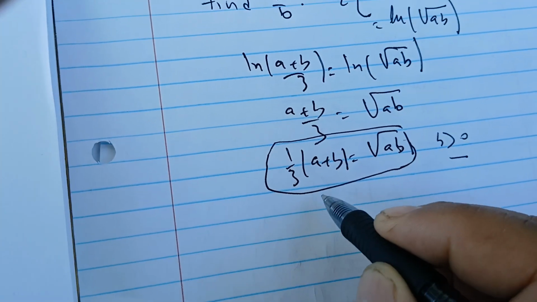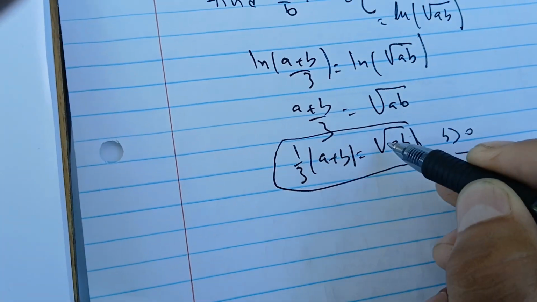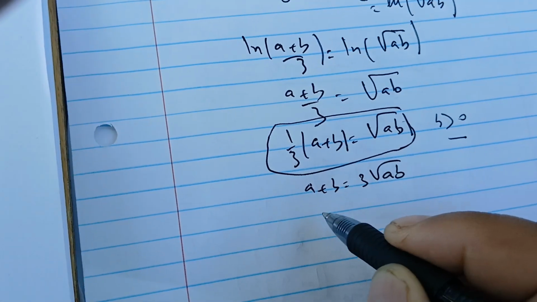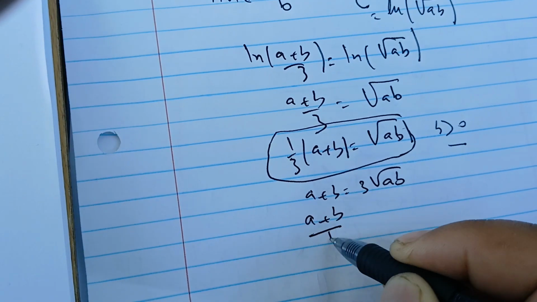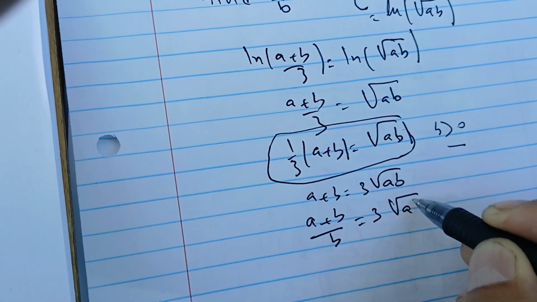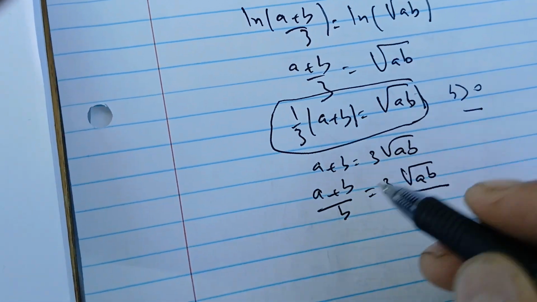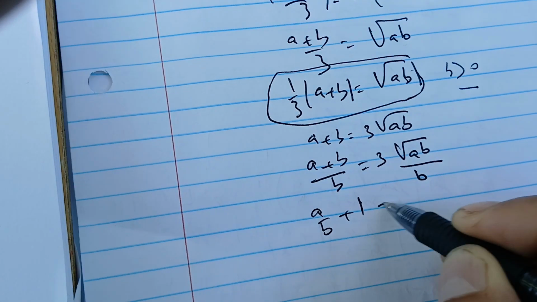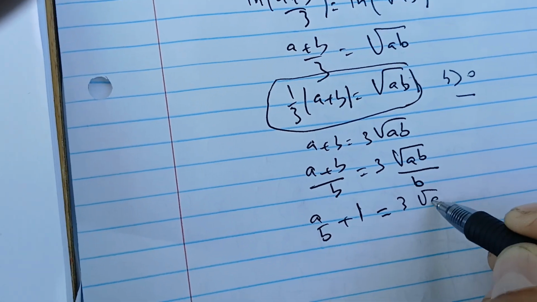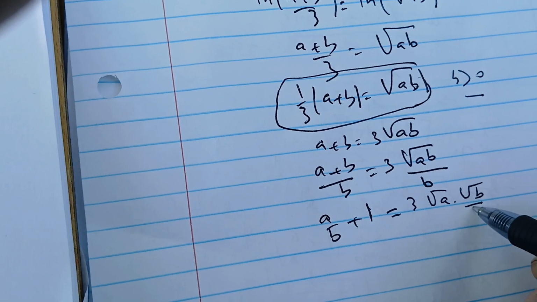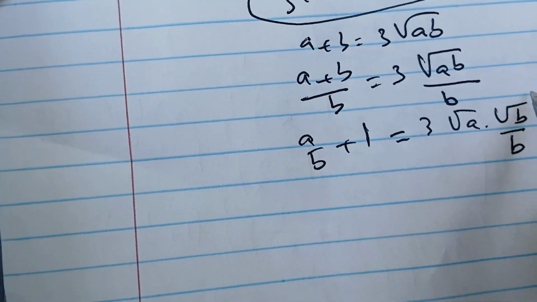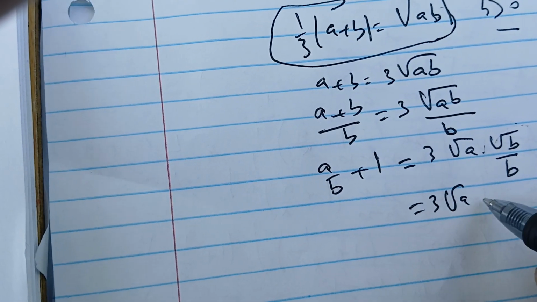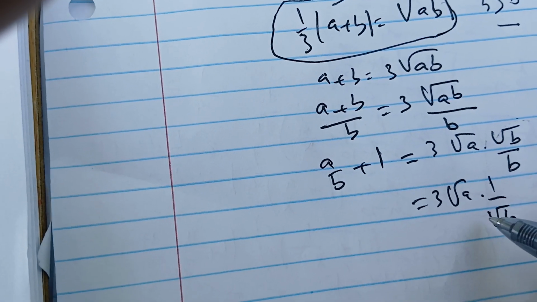So dividing by b, we have (a plus b) over b equals 3 square root of ab over b. So here we have a over b plus b over b, which is 1, equals 3 square root of a times square root of b over b. So we can simplify this as 3 square root of a times 1 over square root of b.